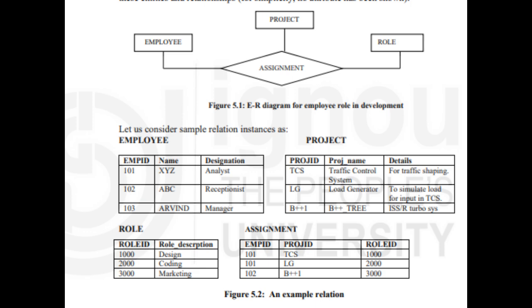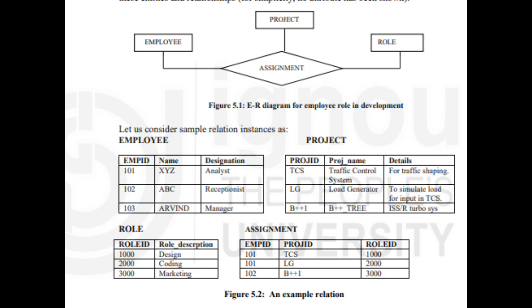Example 1. Assume that in an organization, an employee may perform different roles in different projects. Say, XYZ is coding in one project and designing in another. Assume that the information is represented by the organization in three different relations named employee, project, and role.